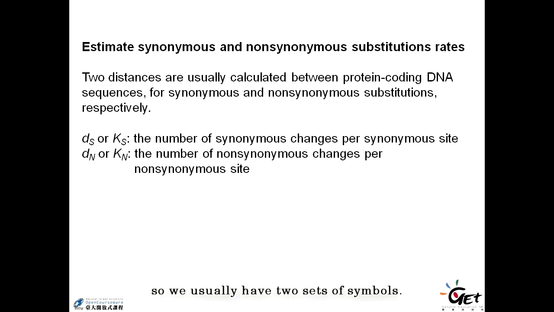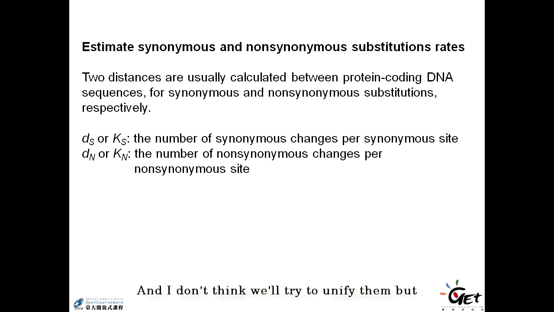Okay, so we usually have two sets of symbols you will see in your textbook and in papers. Some people use DS or DN for synonymous and non-synonymous changes, and some people use KS or KN for synonymous and non-synonymous changes.